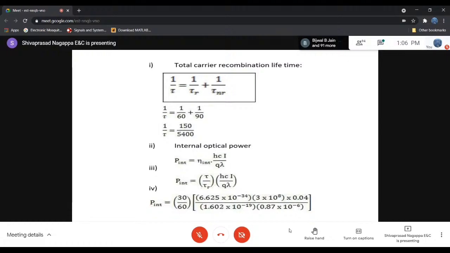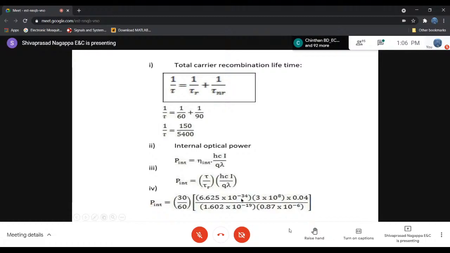In the calculation, tau by tau r is wrong. It is 36 by 60. Please make a correction. P internal is equal to 36 by 60. Tau you have just calculated is 36 nanoseconds, and tau r is 60 nanoseconds, so nanoseconds cancel. So 36 by 60, that is 6 by 10.